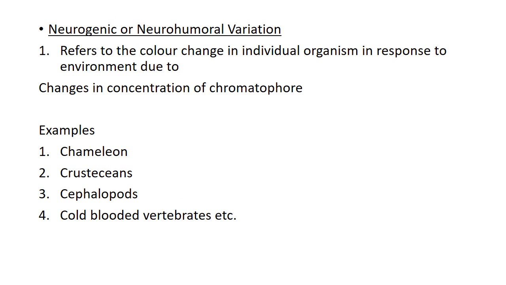Neurogenic or neurohumoral variation. Neurogenic or neurohumoral variation refers to the color change in individual animals in response to the environment. These changes are accomplished through the concentration or dispersal of the color-bearing bodies called chromatophores.